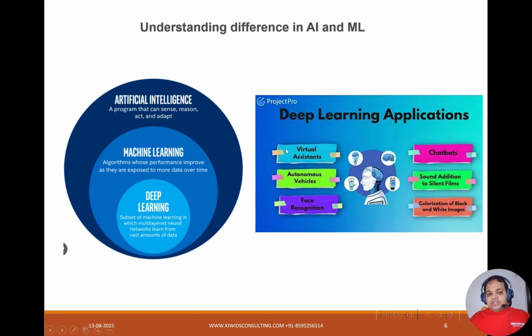Deep learning applications include virtual assistants, autonomous vehicles, facial recognition as I mentioned, chatbots, adding sound to silent films, and colorization of black and white images. These are some basic ones, and definitely the list goes on. Chatbots are there. These days we also use generative AI to build those chatbots and personalize them.